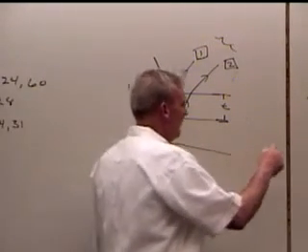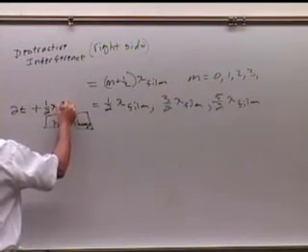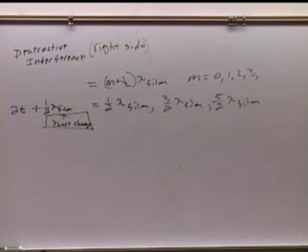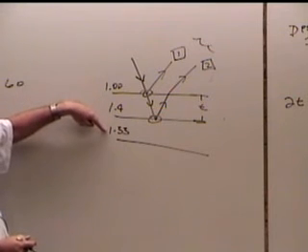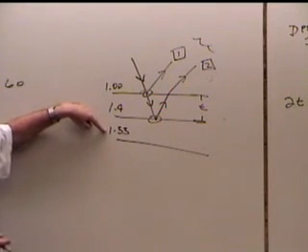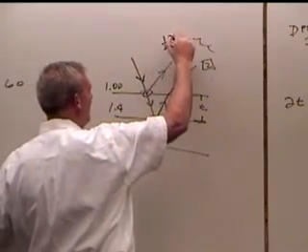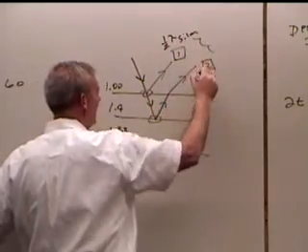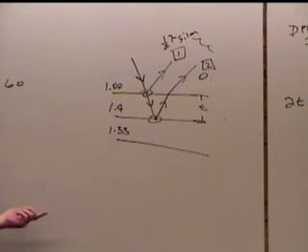So for 1, we'll just go ahead and put 1/2 lambda film. And now let's look at 2. Let's see if we have to add 2 on there. This is going from 1.4 to 1.33. So what is that one? 0. So this one was 1/2 lambda film, and this one was 0. So we're done with setting up our equation.